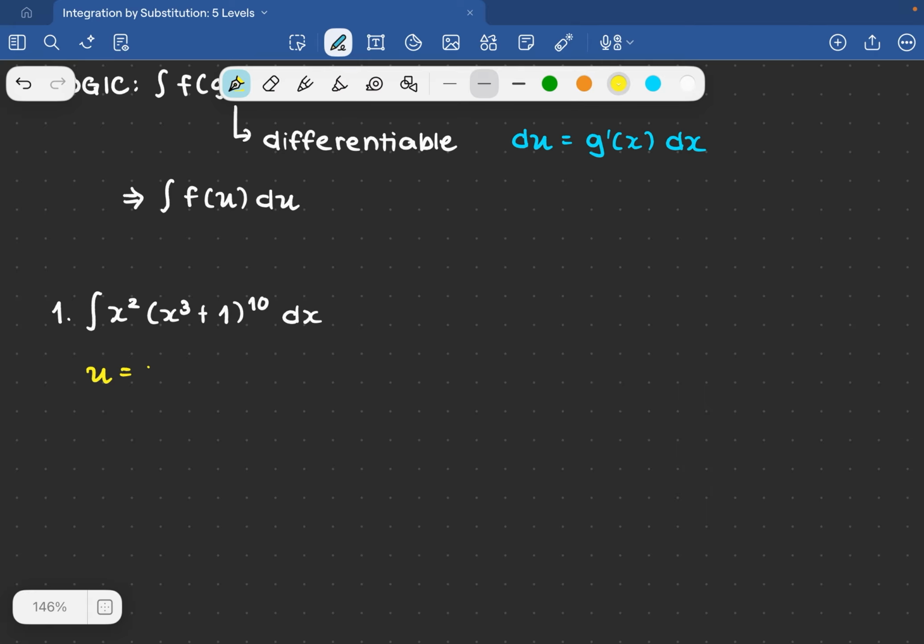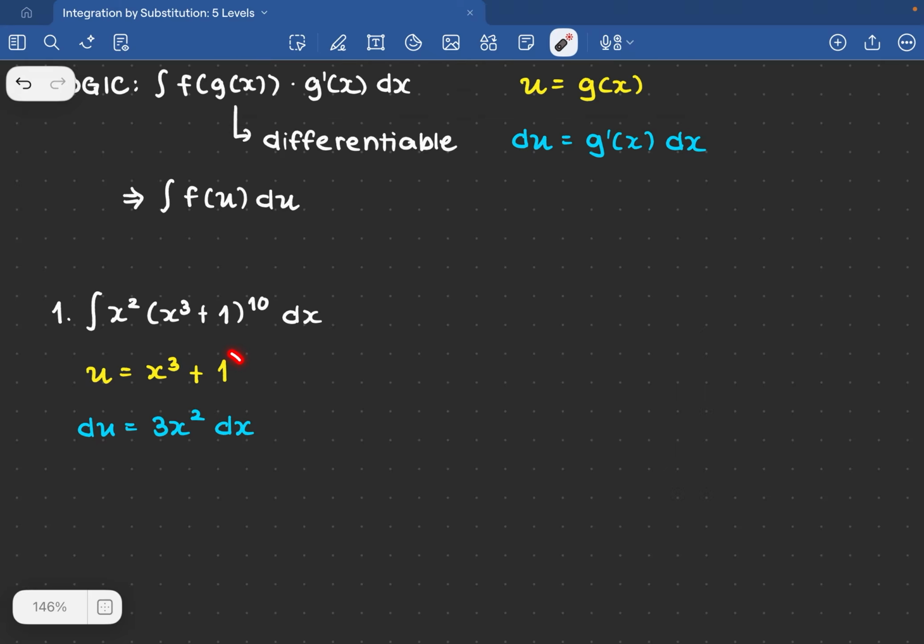So let u be equal to x cubed plus 1. If u is equal to x cubed plus 1, then we will have du equal to 3x squared dx. Once we have this, all we have to do is match what we have here to the given.